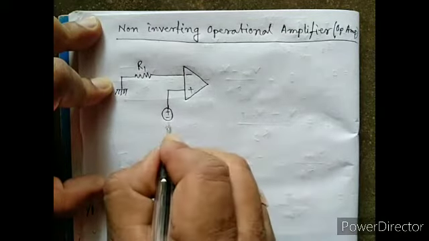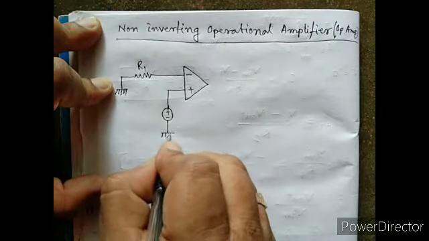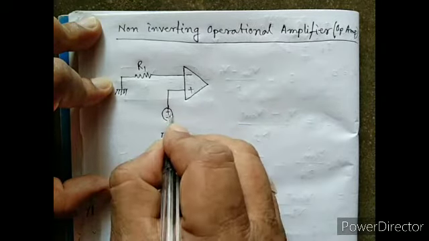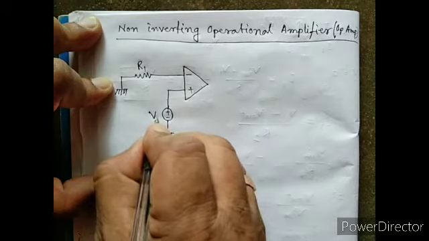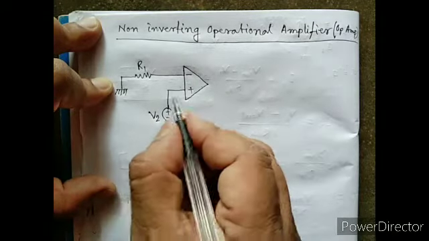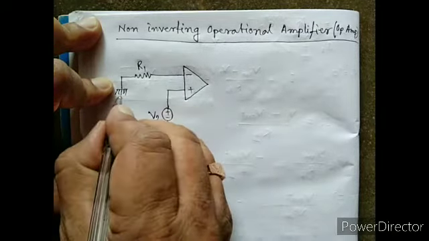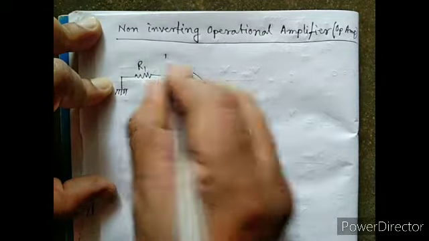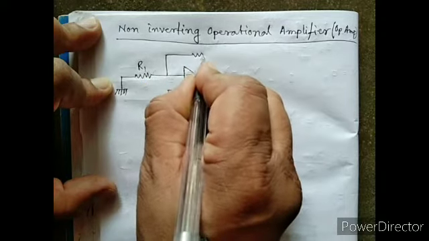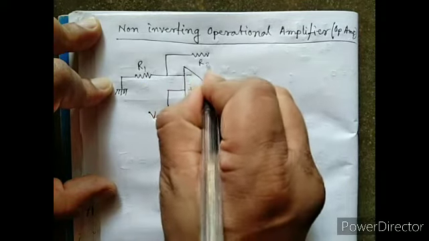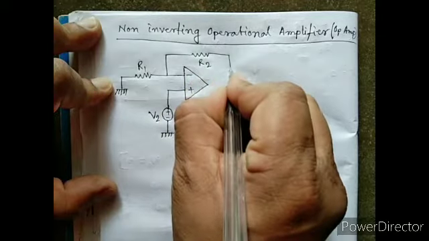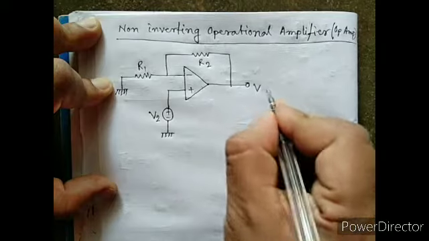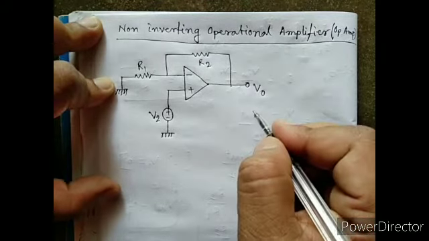In this picture, the non-inverting terminal is connected to a supply, if I name it V2, and the inverting terminal is grounded through a resistor R1, and there is a feedback resistance, if I name it R2, that is connected to the output. So, here we will get output voltage V0.